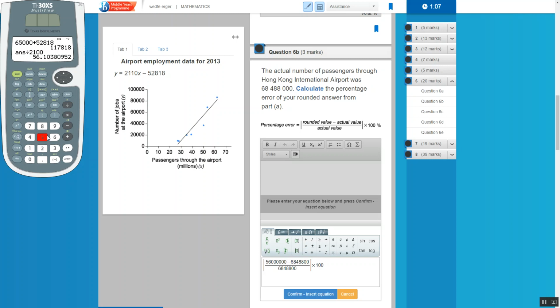And again, put it straight in the calculator. Enter, divide 68. No, it doesn't look quite right. I have missed the 0 off. There we go.